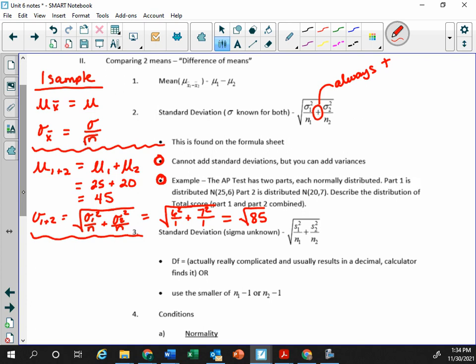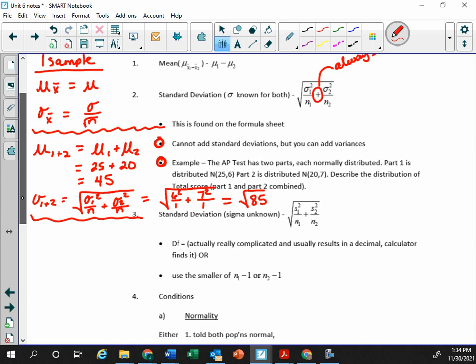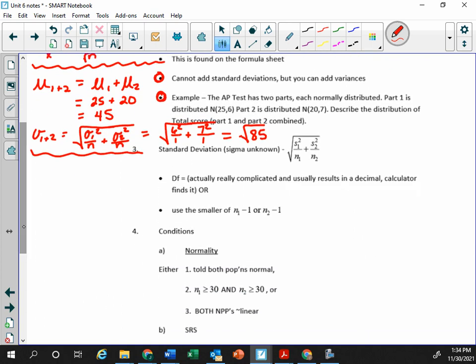Okay, then sometimes we had standard deviation sigma unknown. And again, back to just looking at that with our one sample. We had standard error, which was S over square root of n.